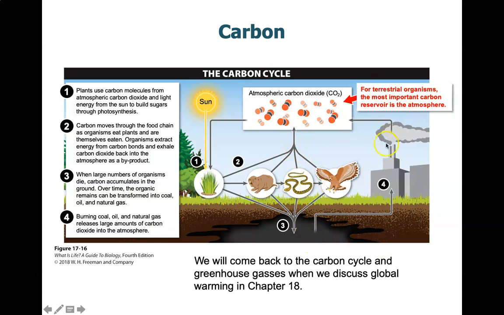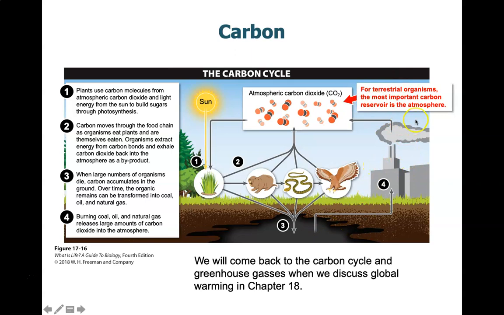Now, let's pretend we don't have all of this on the right with the factories. This is the way things are supposed to go. Over time, this carbon would be released back into the environment as plants take it up as it's broken down, but that takes a really long time. We are increasing the speed of this process by burning fossil fuels, coal, oil, natural gas. Now, this is a problem because it releases a lot of carbon dioxide back into the atmosphere that's supposed to be locked up in these carbon reservoirs.